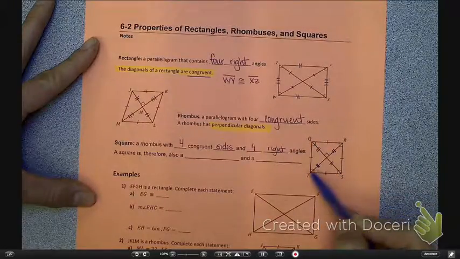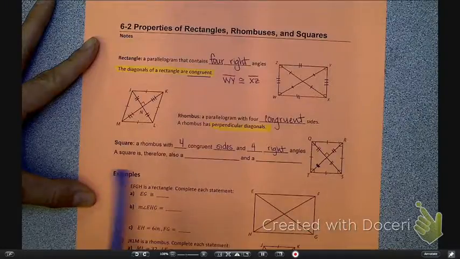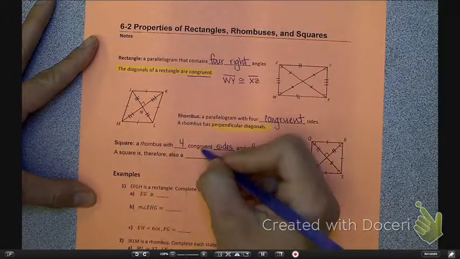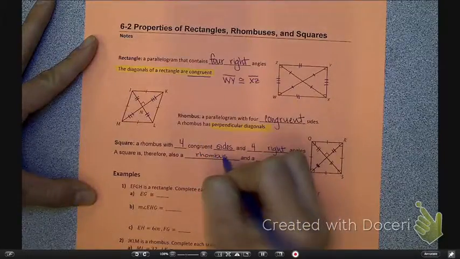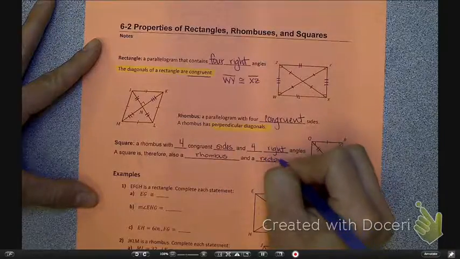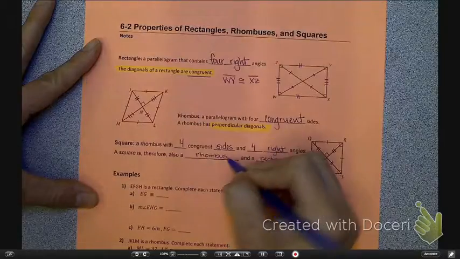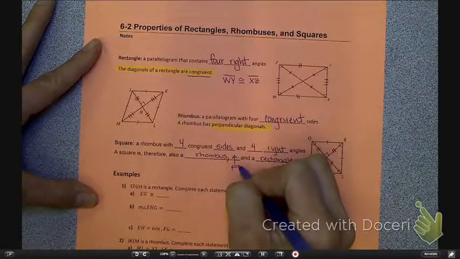Consecutive angles add up to be 180 degrees. The reason it contains all those properties is because a square is also a rhombus and a rectangle, and let's fill in here, it's also a parallelogram.